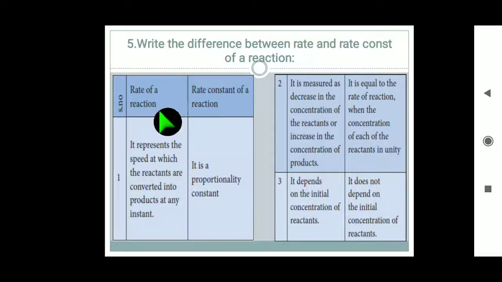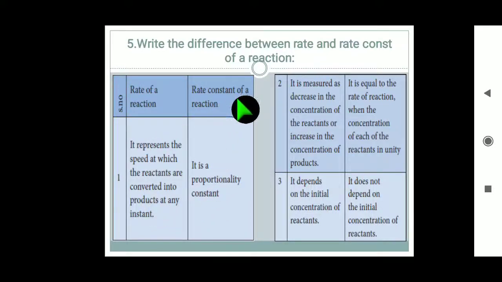The rate of the reaction we can denote as R, capital R. Rate constant means K. Keep that in mind. The rate of the reaction represents the speed at which the reactants are converted into product at any instant. At which time the product we can get from the reactant, that speed we can measure, is called the rate of the reaction.